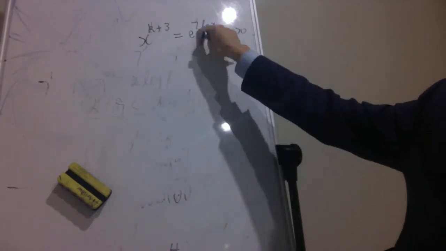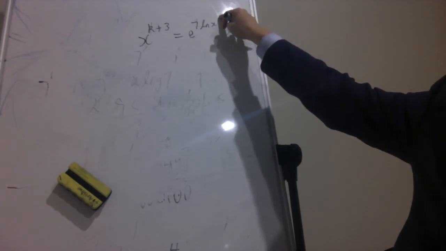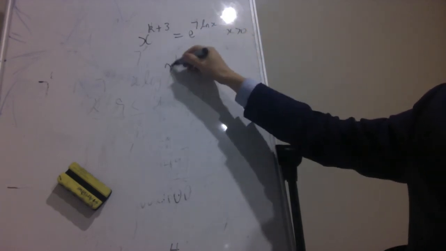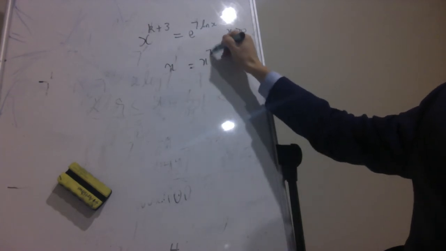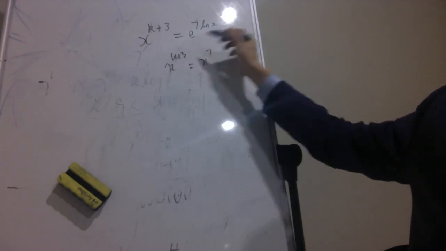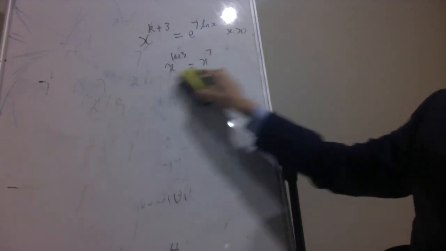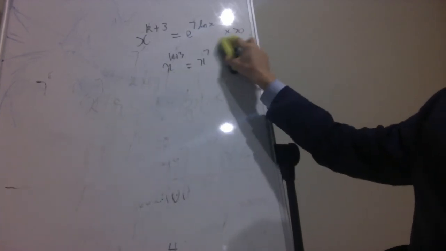Remember what we did last time? We put the 7 into the power. And then this is log base e, so then it just becomes x to the 7 equals x to the k plus 3. Then you can get k equals 4.